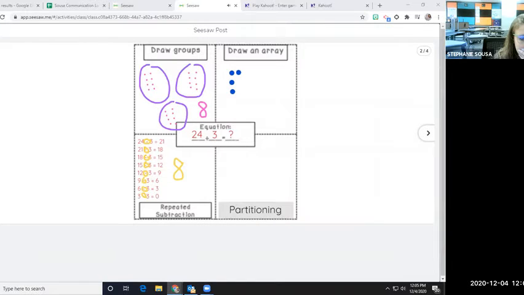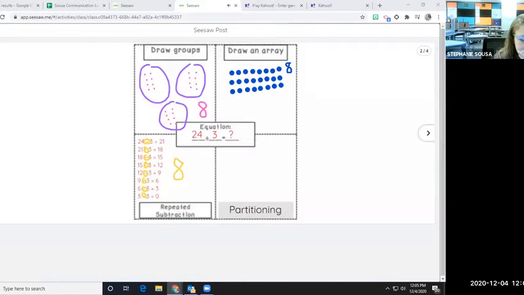And when I count, I am able to see that there are indeed 8 items in one row. So again, our quotient is 8.